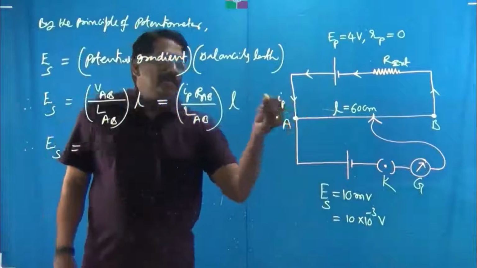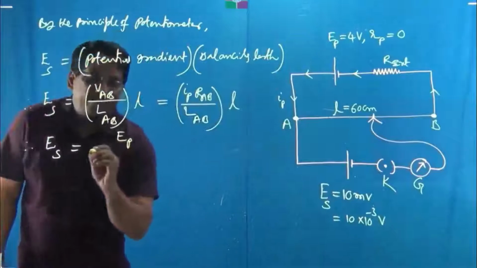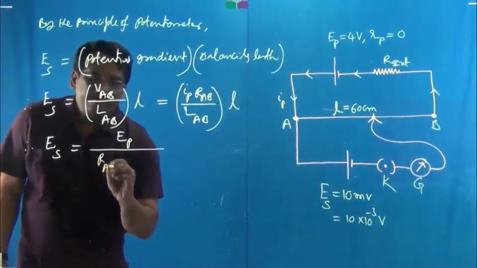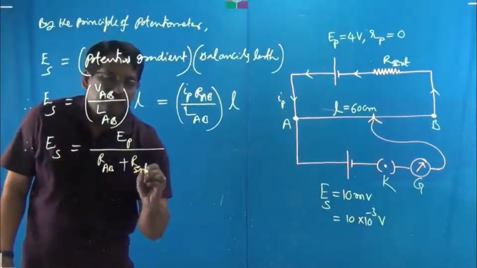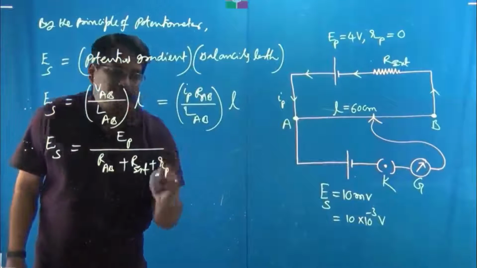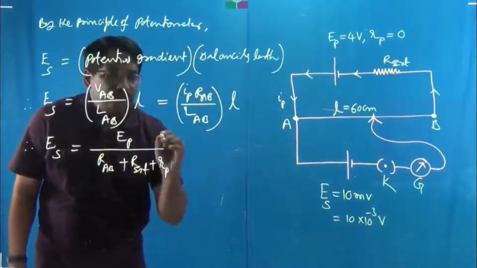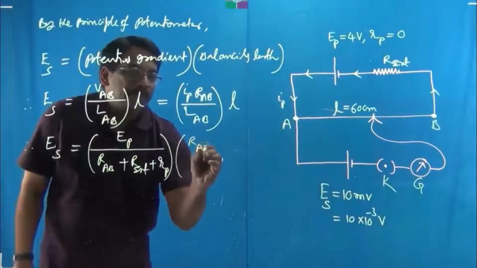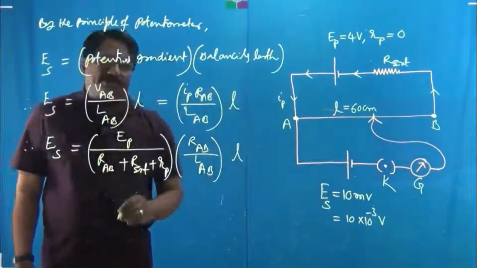I primary is nothing but the EMF in the primary circuit divided by the total resistance, that is R of AB plus R external, plus the internal resistance of the cell in the primary circuit, if at all any is there. This gives the current in the primary circuit, I primary, into R of AB divided by L of AB, the total length of the wire, into the balancing length.